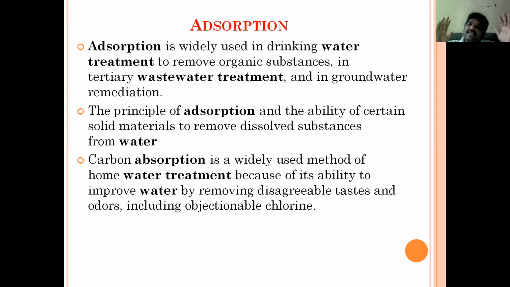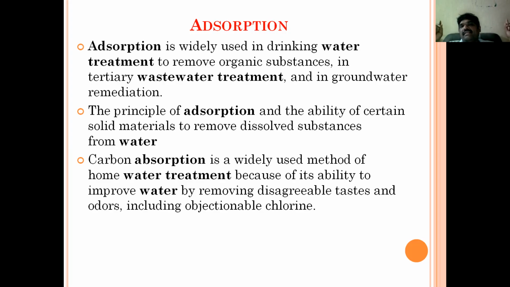What is happening exactly in this adsorption? Simply, in the process of adsorption, the materials that are used are called adsorbents. Charcoal, activated carbon, silica gel, zeolite, all these are examples of adsorbents.